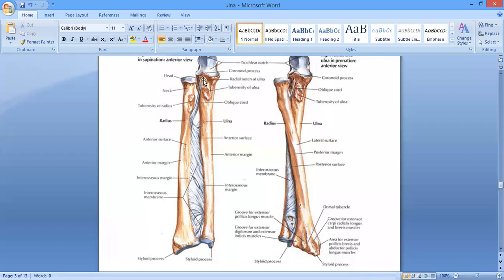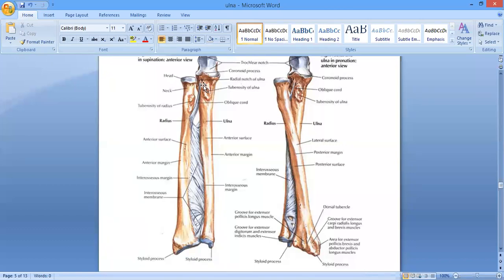This ulnar tuberosity is going to receive the insertion of the brachialis muscle. Where is the brachialis muscle? If anybody remembers, it arises from the anterior surface of the humerus, so it is a muscle of the anterior compartment.